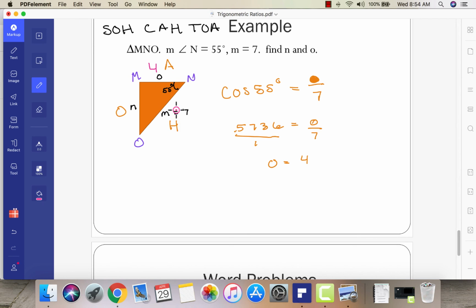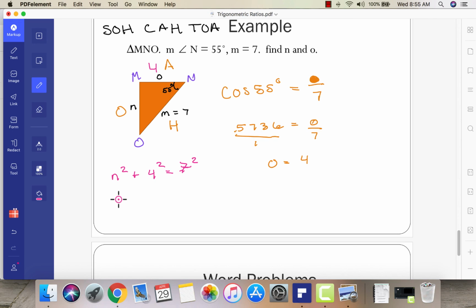So now I can use the Pythagorean theorem to find my other missing side. So I'm going to have N squared plus 4 squared equals 7 squared, because it's A squared plus B squared equals C squared. A and B don't matter, remember, only C has to be the hypotenuse.